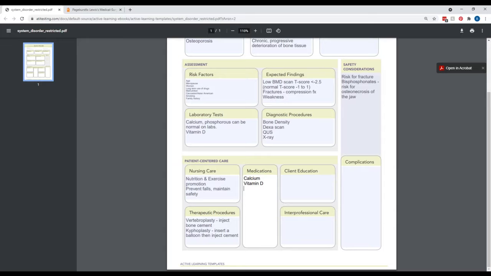Calcitonin, possibly. What about this one that we talked about, this medication class? Yeah, exactly. Bisphosphonates. Okay, some other classes: monoclonal antibodies, raloxifene.